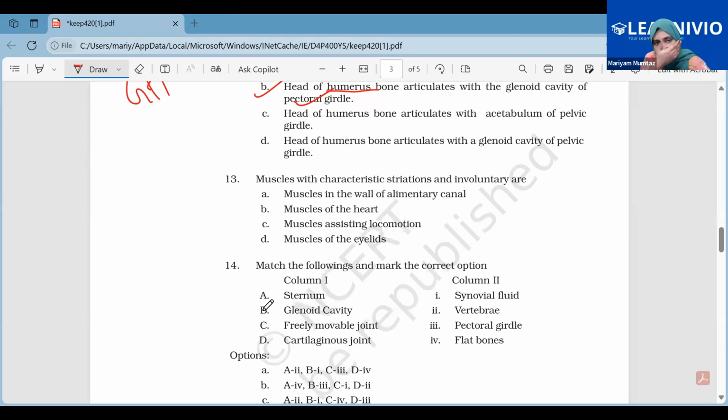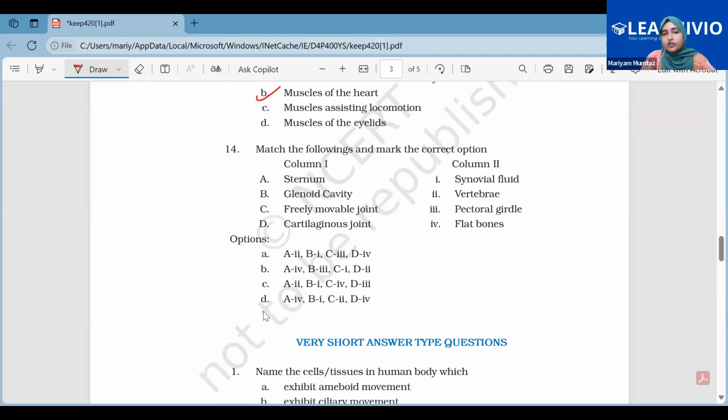Aisha, switch on your video. Muscles with characteristic striations and involuntary. Which one of them? Heart. The muscles of the heart, right? But always remember the striations are faint striations. They are involuntary. Match the following and mark the correct option.